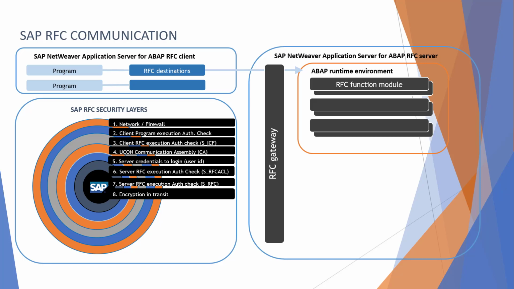The S_RFC authorization object can be used to restrict RFC communication to only those remote function modules that are required, essentially providing another whitelist in addition to UCON. But this layer also requires analysis and an understanding of the requirements for each SAP system with respect to RFC communication. We hope this brief video has helped you understand RFC communication and some of the vulnerabilities that could be exposed in your SAP environment, as well as the security layers that are available to help protect your SAP systems.